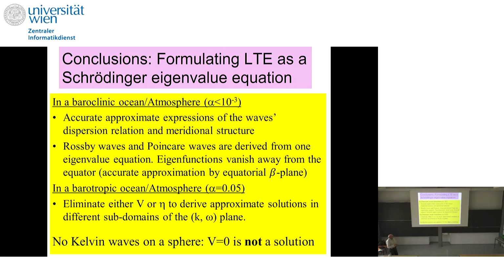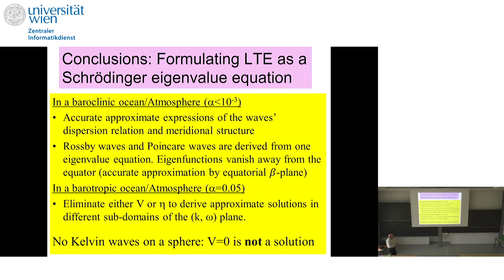Rossby and Poincare waves are derived from one eigenvalue problem as it was on the plane. For small alpha, the eigenfunction vanishes at finite distance from the equator. Perhaps that's why the planar approximation of Matsuno's work works so well.